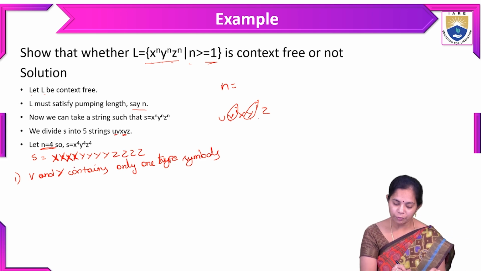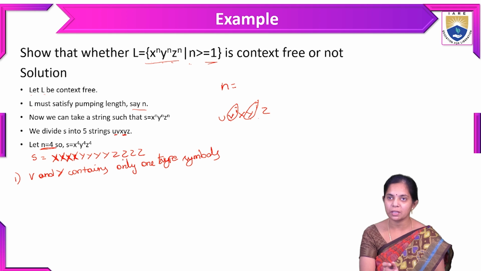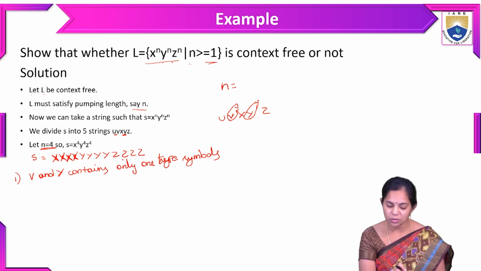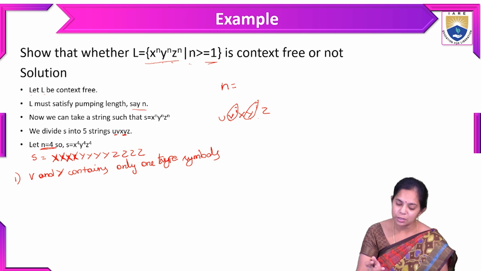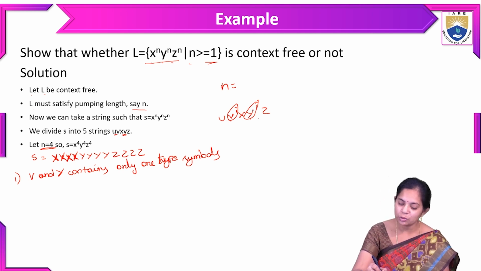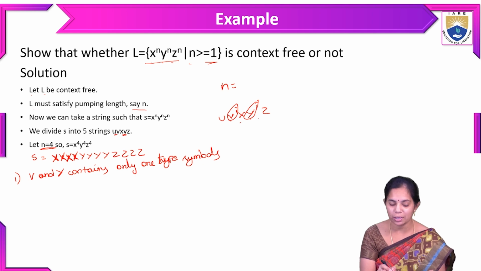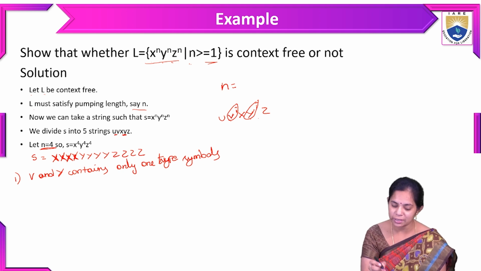Here we have 3 symbols in this string: x, y, z. So while dividing the string into 5 parts, the v and y values should each have only a single symbol. Of the 3 symbols, v contains only one single symbol, and y contains only a single symbol.